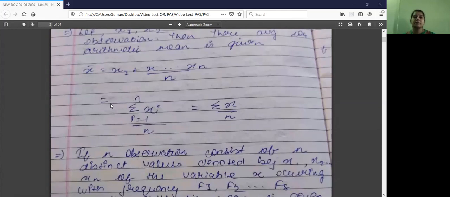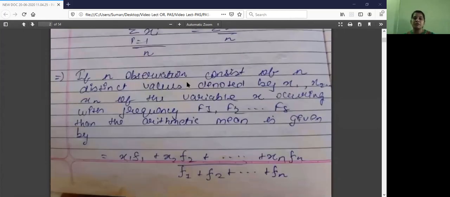In other terms, we can write this as summation i equal to 1 to n of xi, divided by n, where small n is the number of observations, which is equal to summation x upon n. Summation x means the sum of all the values x1, x2 up to xn.